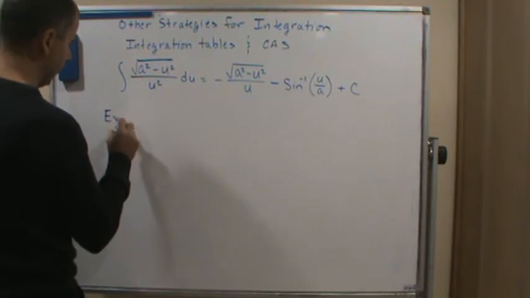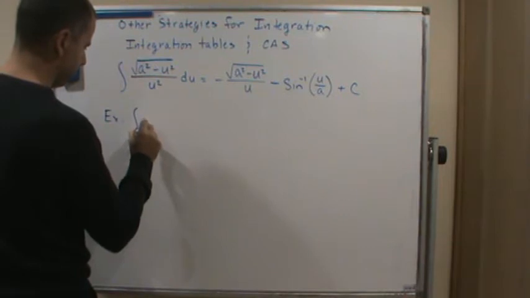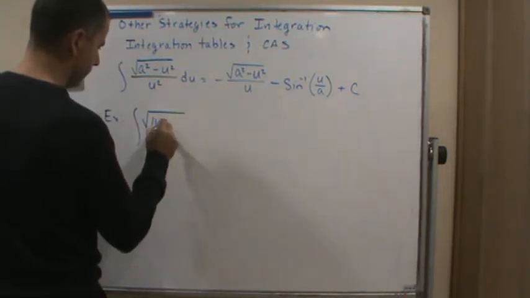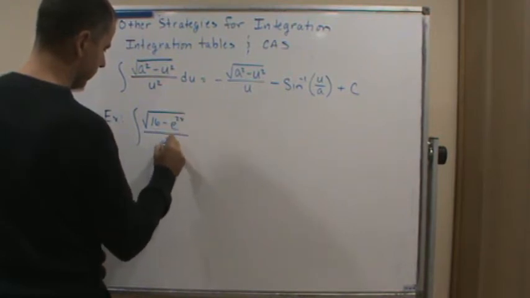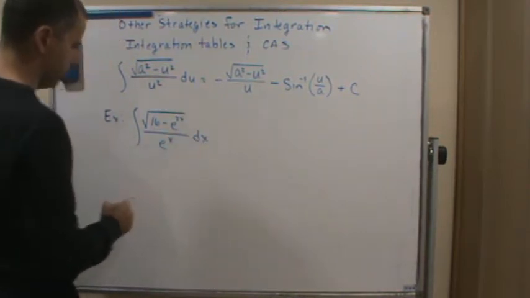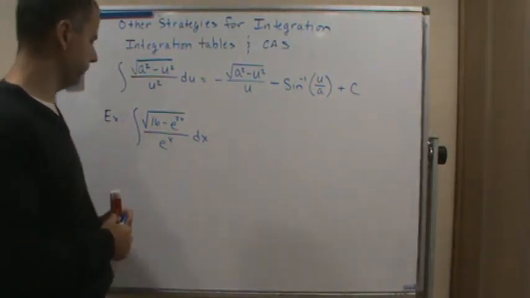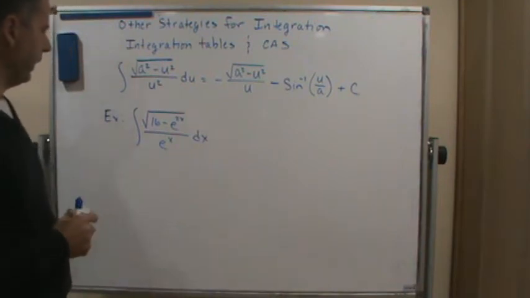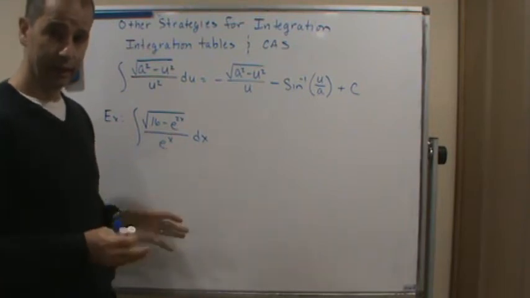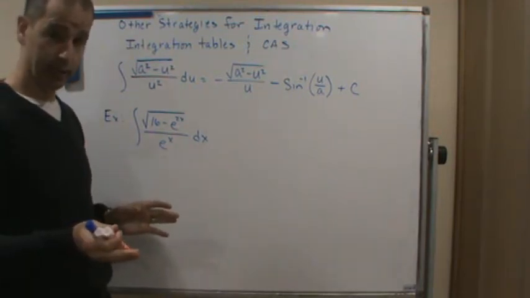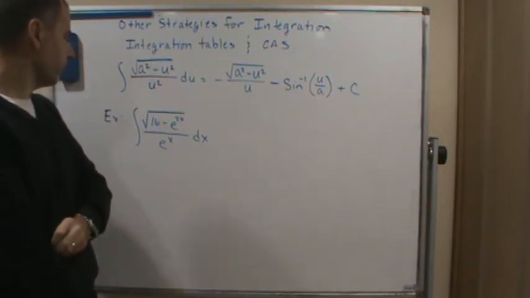Let's say we have something like this, and we want to integrate it. It has the form here, and there are many integrals in the integral tables that have this form of a squared minus u squared.